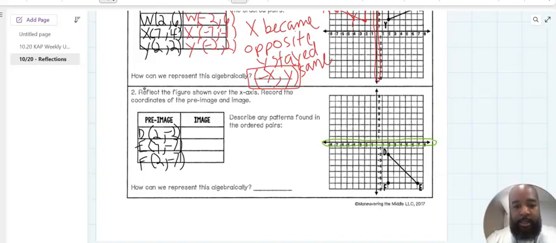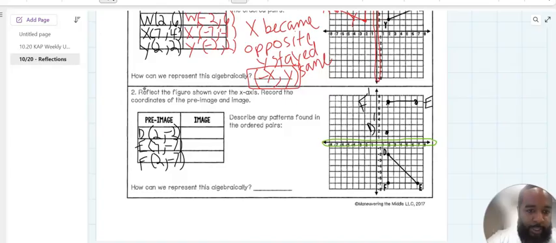If I reflect over the x-axis, it has to be the same distance apart, so I would go 2 away from the line, which would make this a positive 2 comma 2 for D. F would be 2 comma positive 7, I apologize, it's F. And then E would be a positive 7 comma 7.